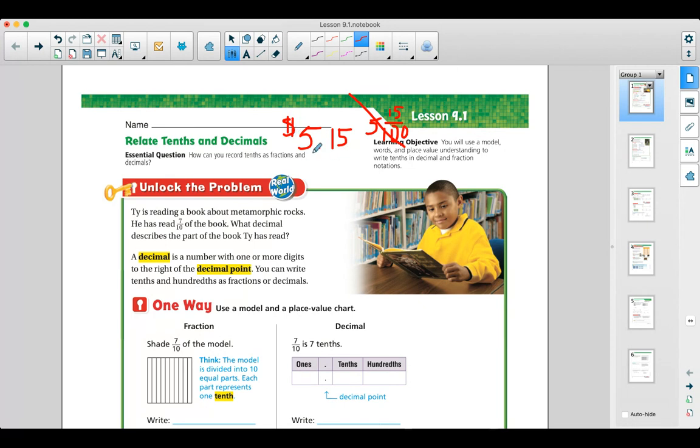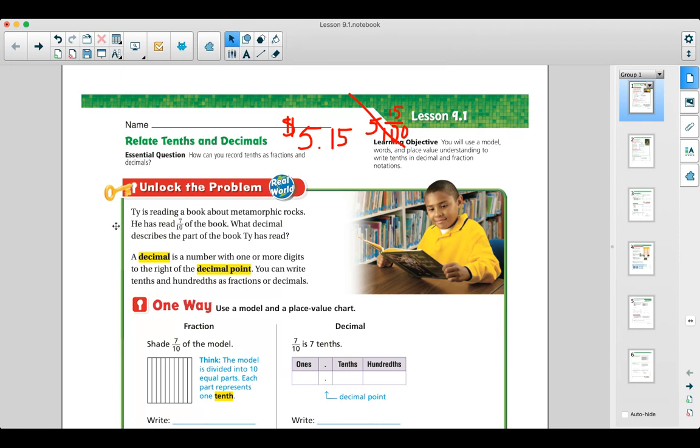That's how you write it, $5.15. It's more than $1, so that's where the decimal comes in. You would not write it in a store as a fraction. They both mean the same, but you would write money with decimals. Okay, let's go on.